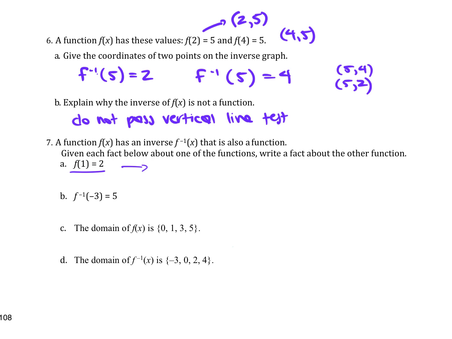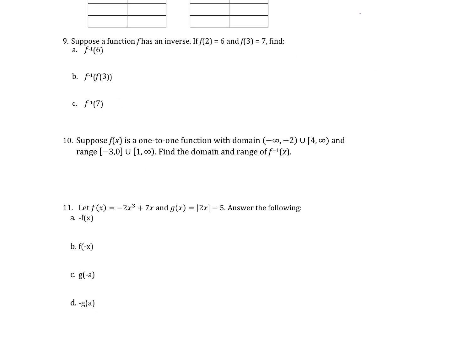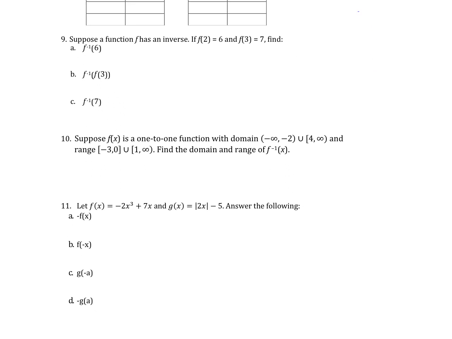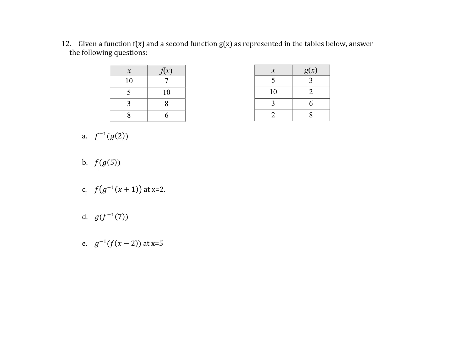If I'm given a fact about f inverse, I use that to write a fact about the original f of x. So that continues through part 8 and 9, 10. 11 is a little bit more function operations, which we'll talk about in a minute. And then 12 is more f of g of using inverses.